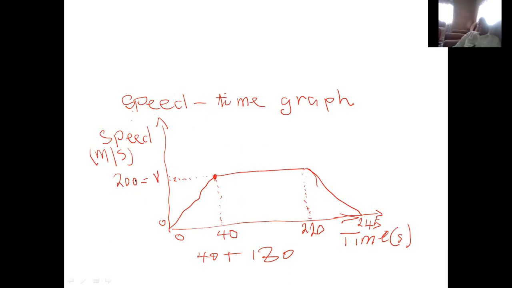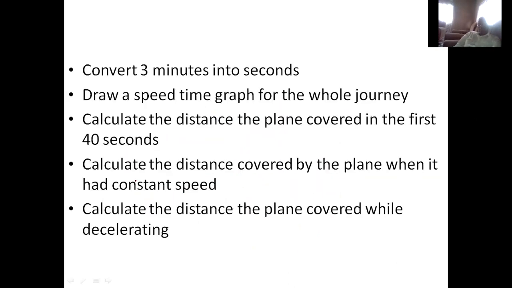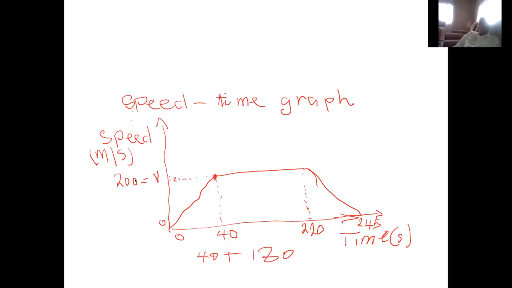The second part of the question we are asked is to calculate the distance the plane covered in the first 40 seconds. So first 40 seconds, it means that we need to calculate the area under the curve, which is this area here.